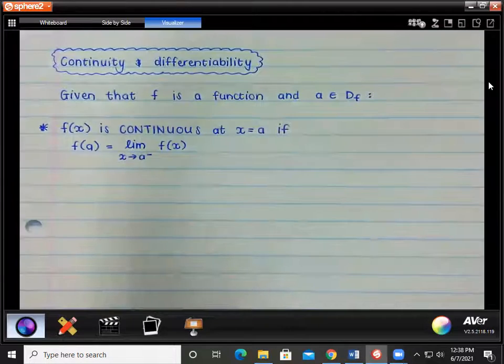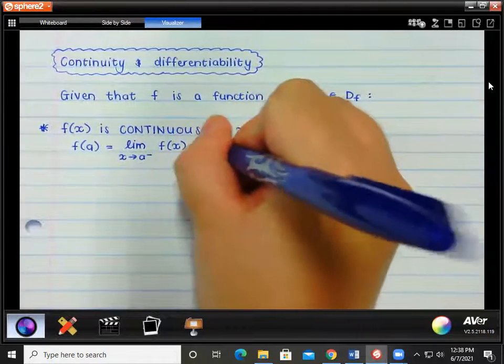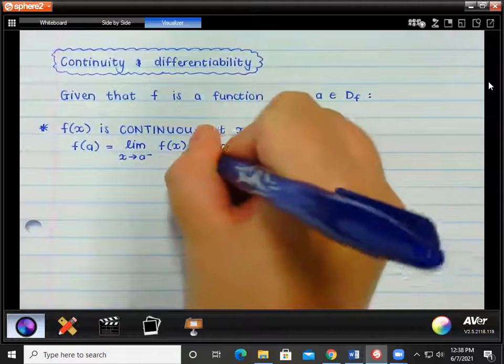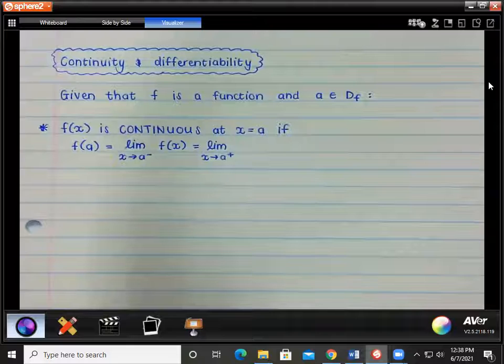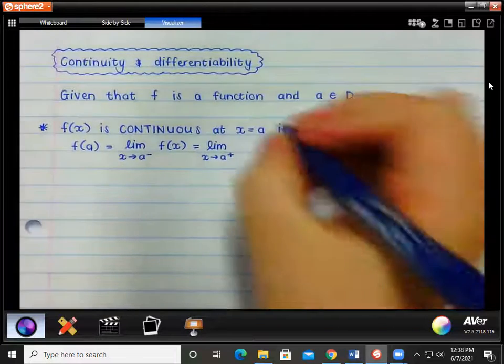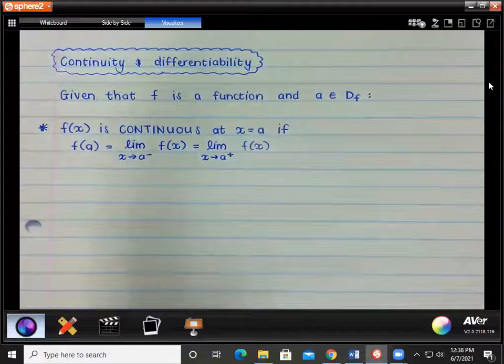We are going to do an example where we practice this as well. And that must then also be equal to the limit from the other side, as x tends to a from the positive side, or from the right of that function. So guys, you're going to have to do 3 separate calculations and end up with the same value for all 3 of them. If it's the same value, then it will mean that it's continuous.